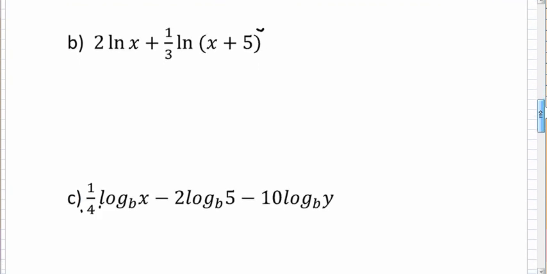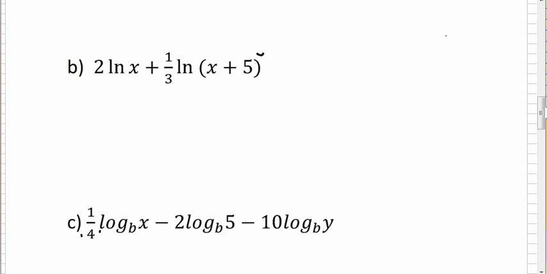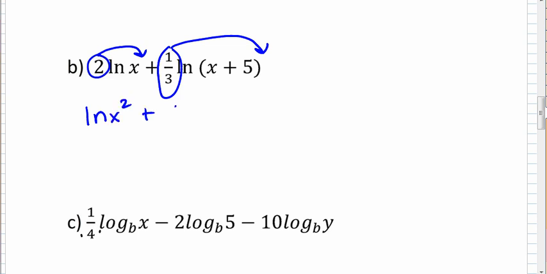So the next example here, remember, first we'll roll everything back. So we'll roll all the exponents back. So we have the ln of x squared, and then we have the ln of x plus 5 to the 1/3. Then, because it's addition, we'll multiply them together.